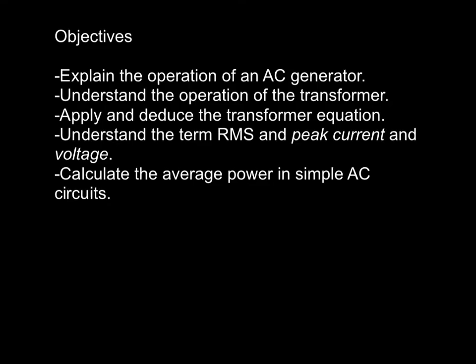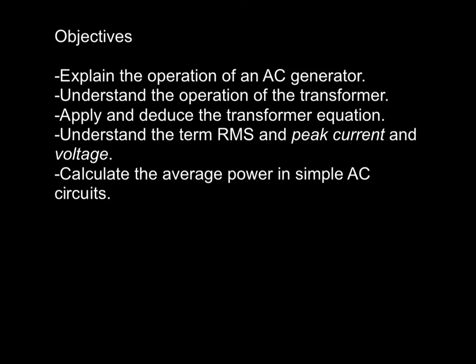Alright, so we come to the end of the lesson, and these are just the objectives that I didn't post at the beginning because I thought it would be pointless. This is what you should be able to do after the lesson is over. First, you should know how the AC generator works, and if possible, use equations to describe it. Then you should know how a transformer works, and again, use equations to deduce its operation.